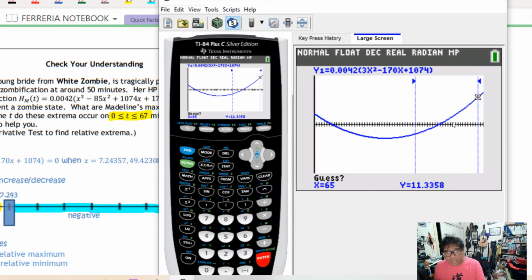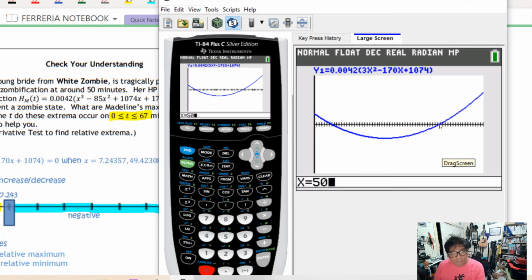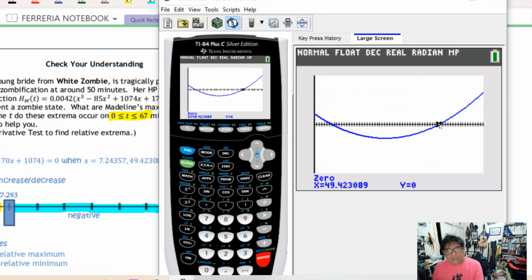So now is a 0 in between these two vertical lines? Yes, it is. And let's take a guess. Maybe, let's see, this was 40, so maybe right around 50. We'll take a guess of 50, and lo and behold, we got 49.423. So that's how we find the zeros of the function using our calculator.